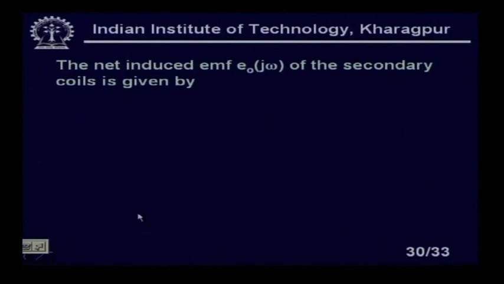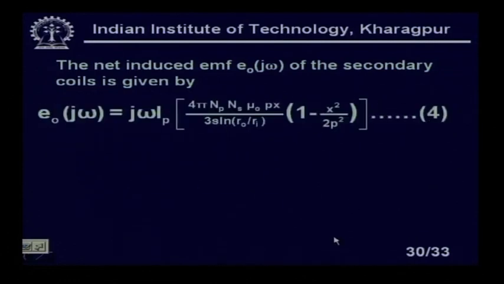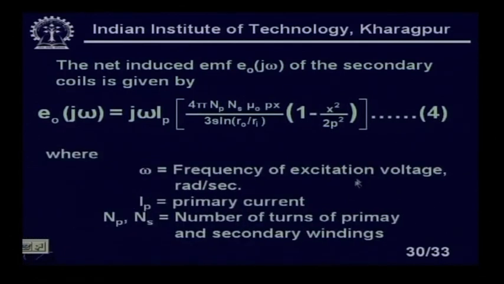Now, the net induced EMF of the secondary coil is given by this: E = j omega Ip 4 pi Np Ns mu naught P x upon 3 S natural log (Ro by Ri) [1 minus x square by 2 P square], equation number 4, where omega is the frequency of the excitation voltage in radians per second, and Ip is the primary current.